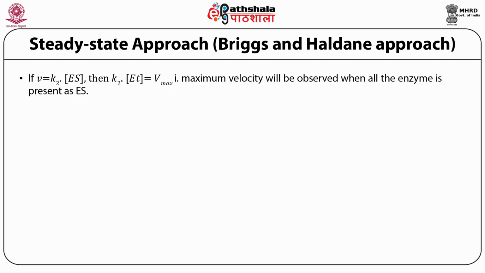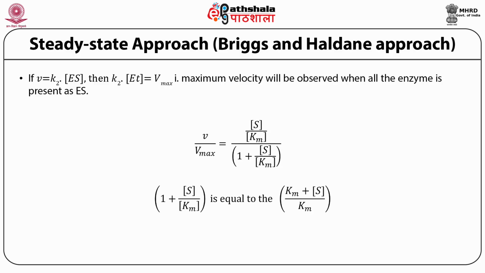So when we replace the value of Vmax in the equation, then the equation becomes V upon Vmax equals S upon Km divided by 1 plus S upon Km. And if you solve the denominator of the right side, you will have 1 plus S upon Km is equal to Km plus S divided by Km.